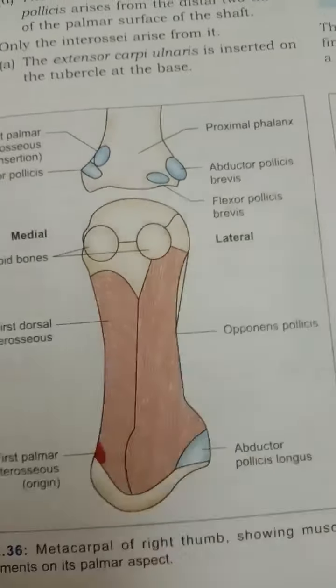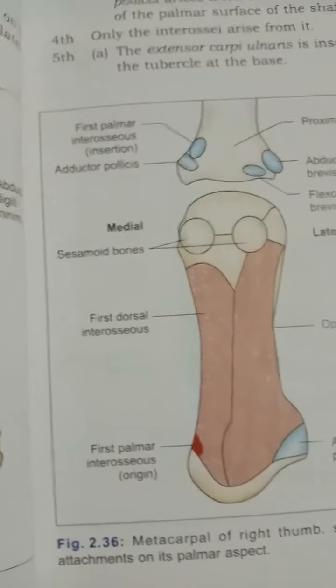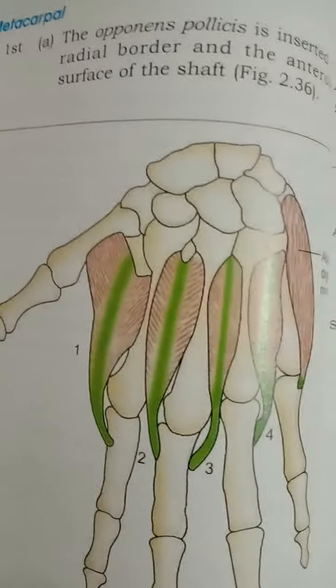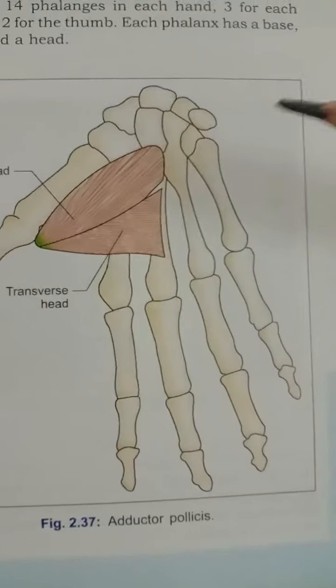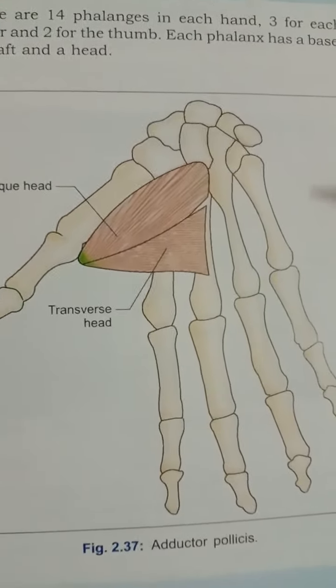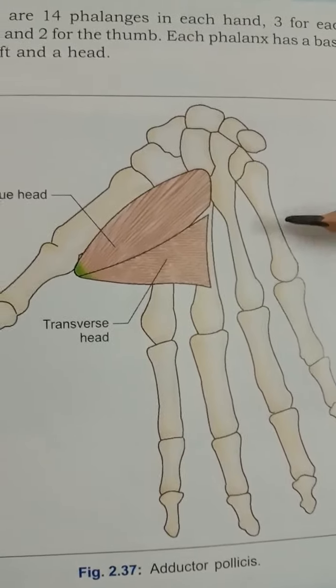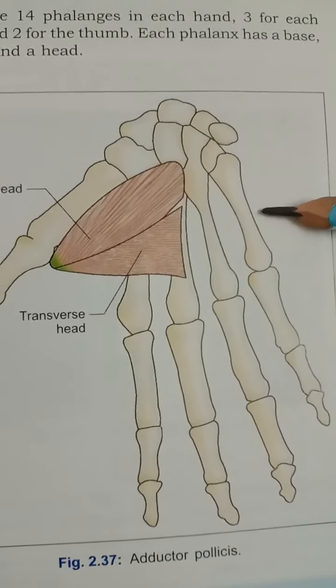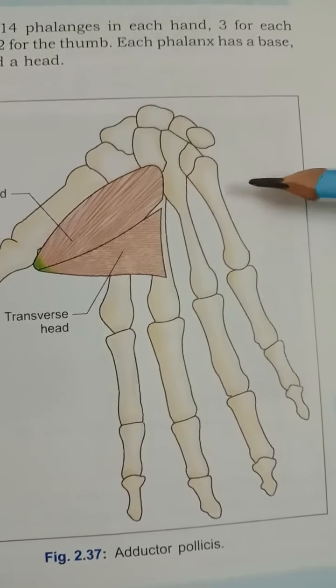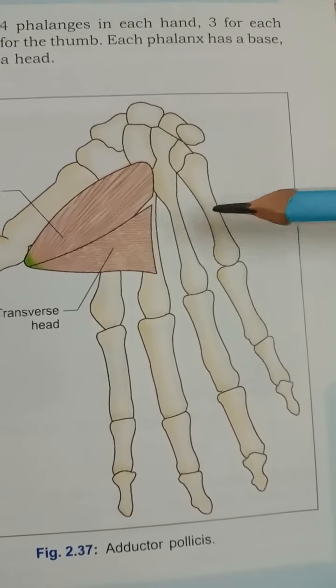After that, let's see the ossification of the metacarpal bone. In this diagram you can see the ossification. Each metacarpal ossifies by two centers: one primary center for the shaft and one secondary center for the head.